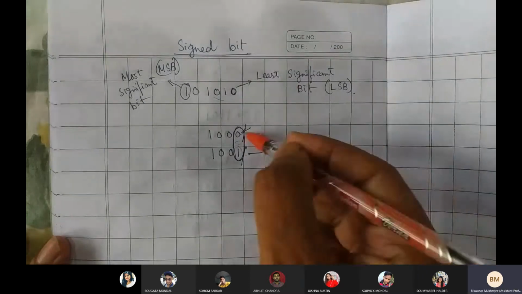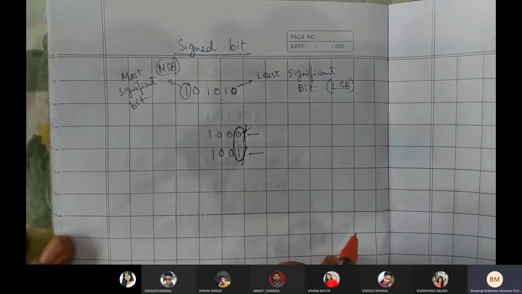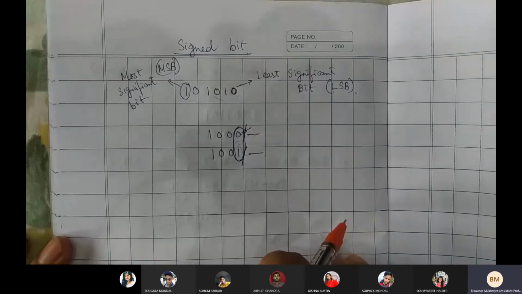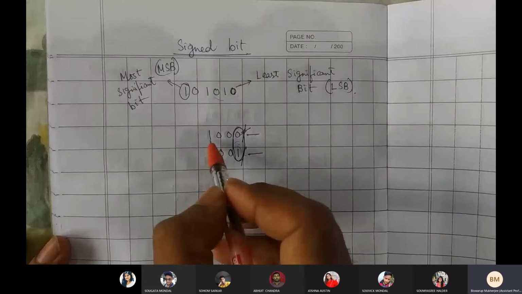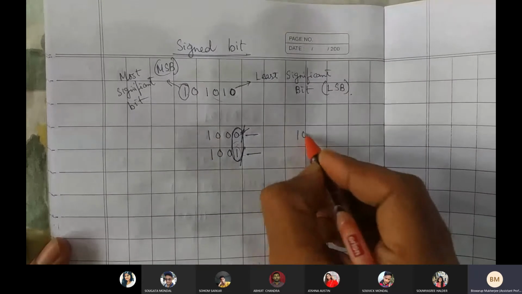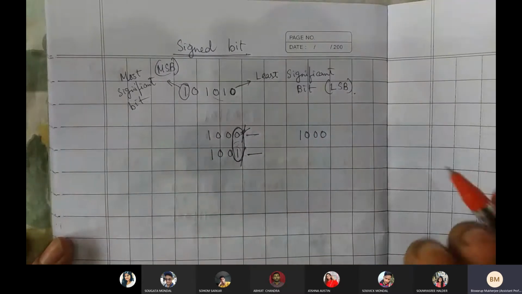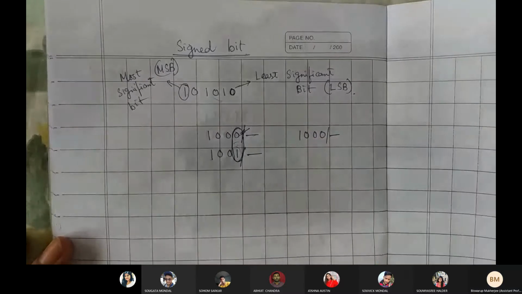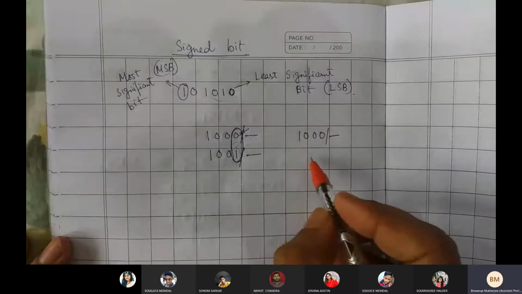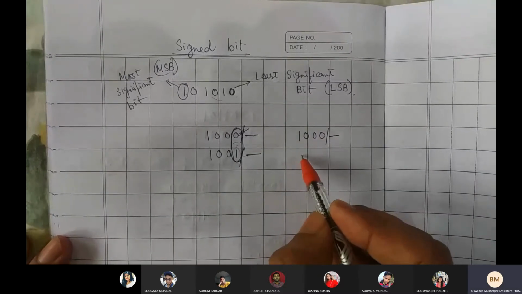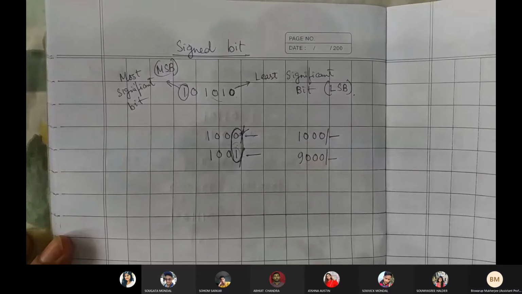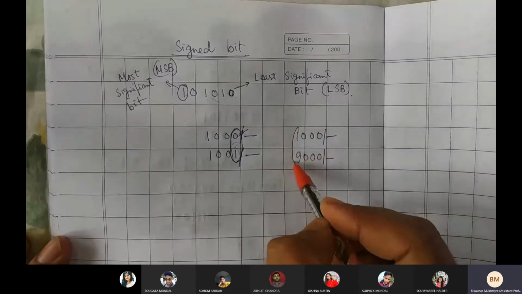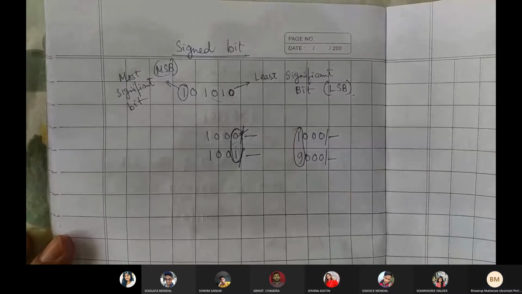The last digit is not very important; if it changes, it is not a big problem. But suppose you had dealt with 1000 rupees, and they have written it so that instead of 1, they have written 9, right?